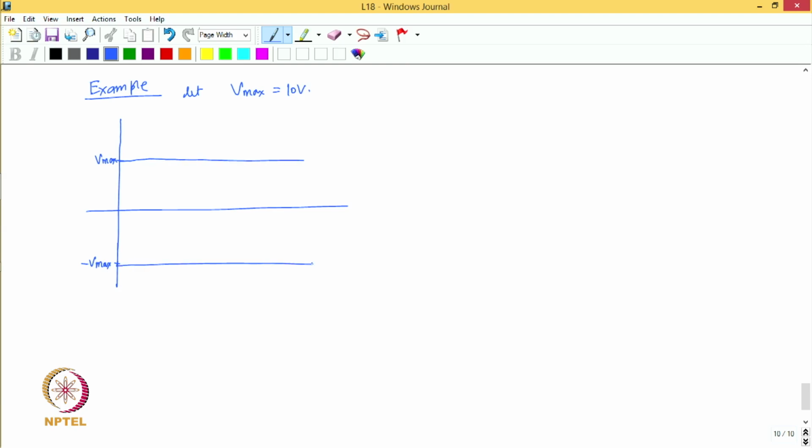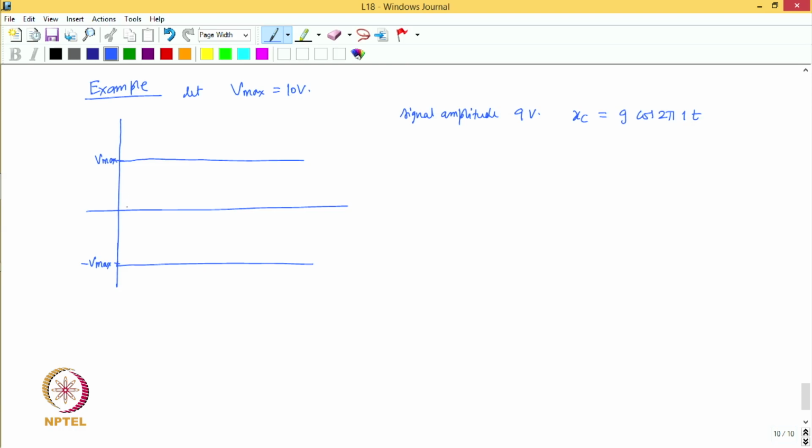Now let us consider the first case where the signal amplitude is, let us say, 9 volts, which means we have a signal xc equal to 9 cos 2 pi 1 t. So it is a 1 hertz signal with 9 volt amplitude.